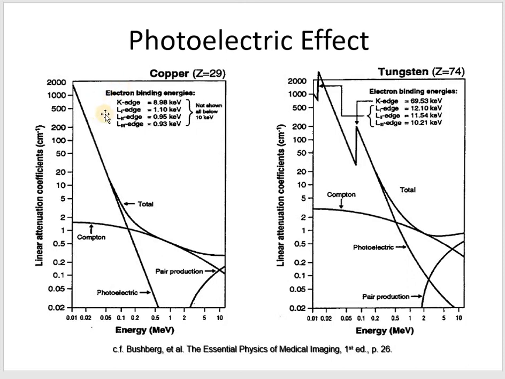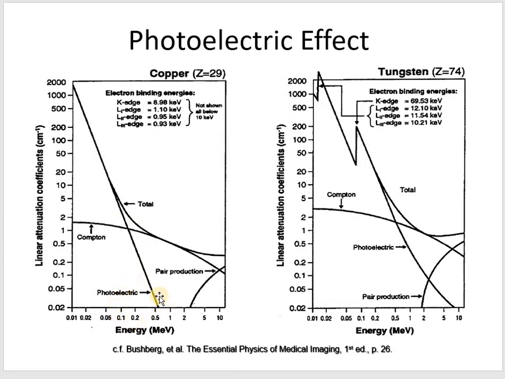As for copper, because the K-edge for copper is 8.98 keV and the minimum energy observed here is 10 keV, you are unable to see the sharp increase. But if we did observe below 10 keV, there'll be a sharp increase at 8.98 keV and then it starts to decrease again. So as the energy increases, photoelectric interaction decreases.